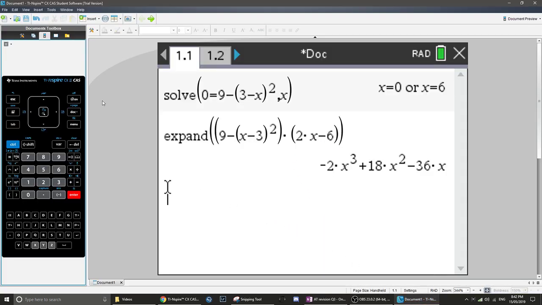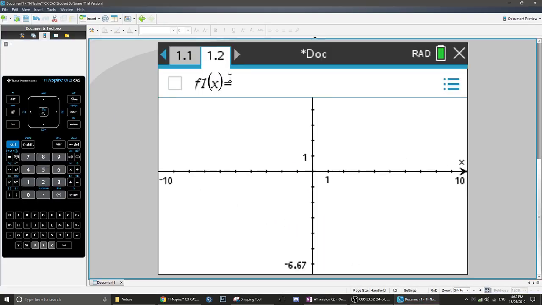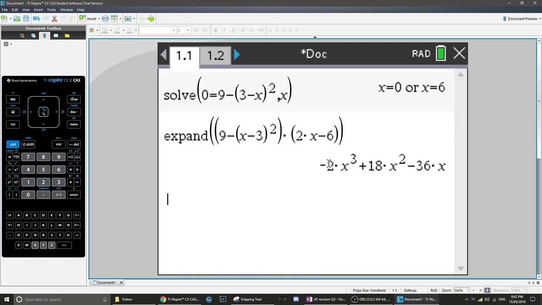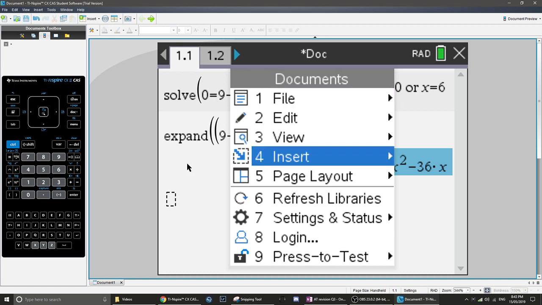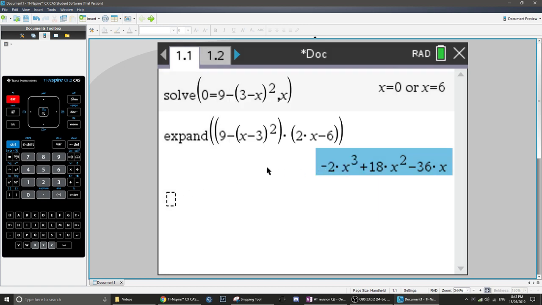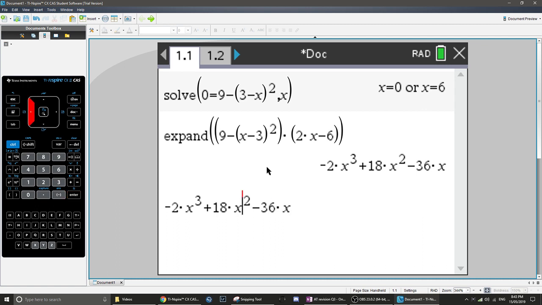Best way to check this would be a graph. So let's go to a graph. And we've got that expression. So what you can do on your CAS, you can see over here at the side, go down here, press up, that highlights that. You just go up to it, highlight it all, hit enter, that copies it down.